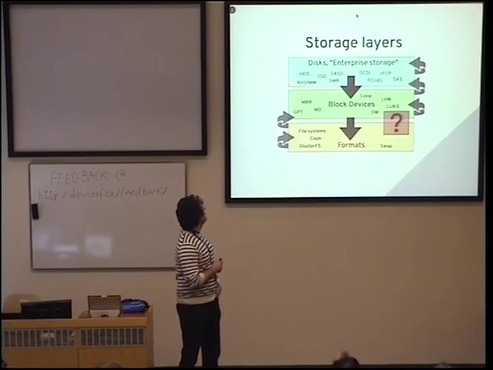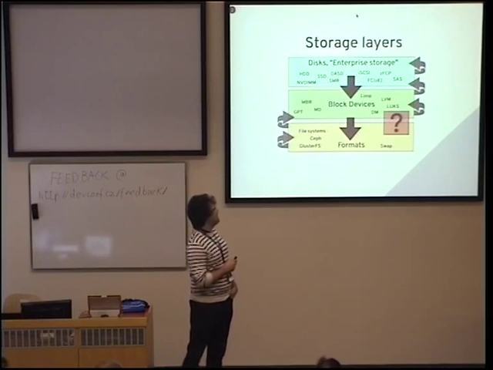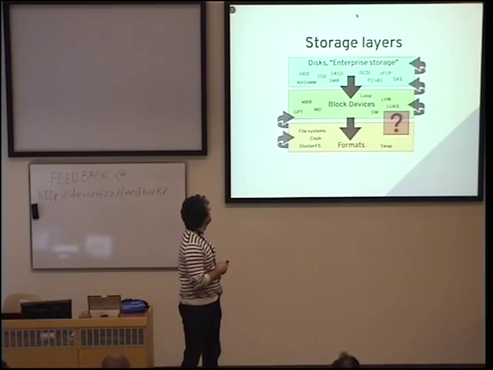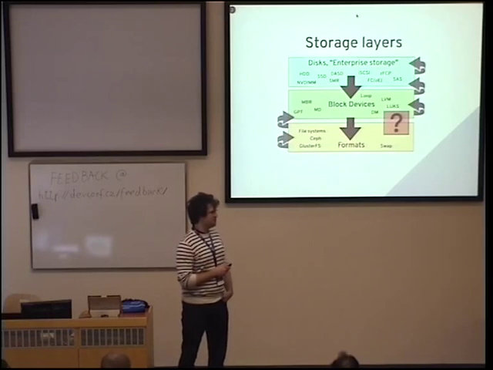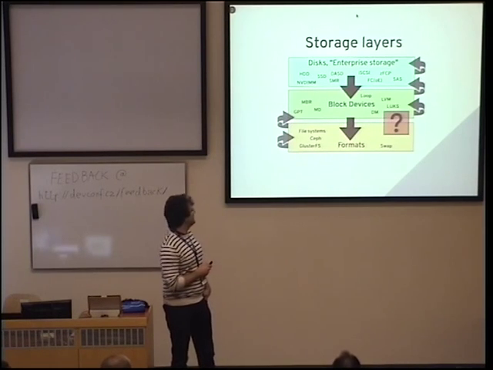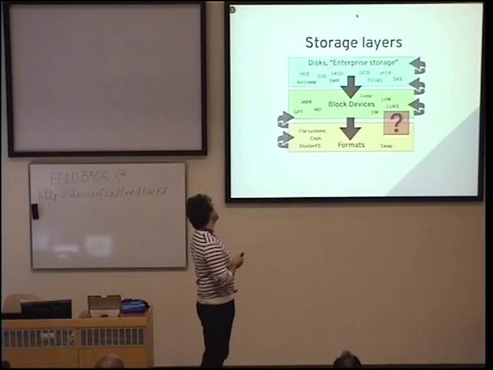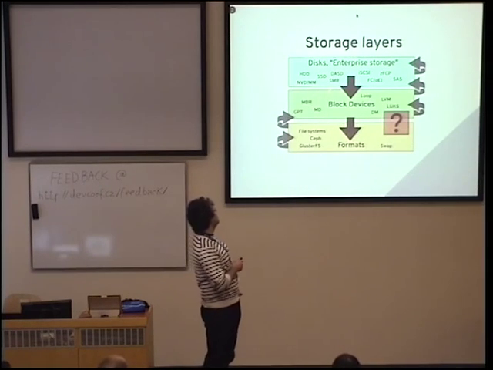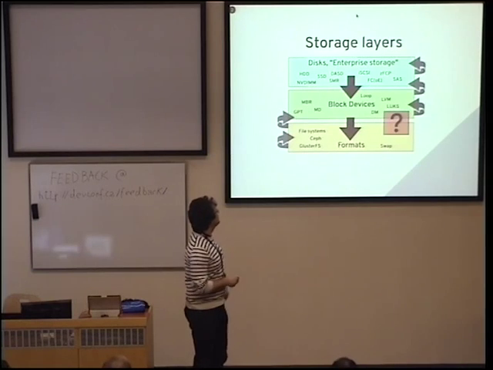And most recently we have NVDIMM, which are non-volatile memory disks, which are super fast, super expensive, and super promising. And we will see what comes from there. So these are what I call disks, even though they are not disks in particular.